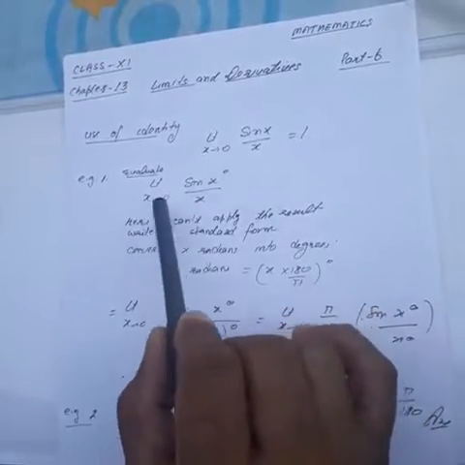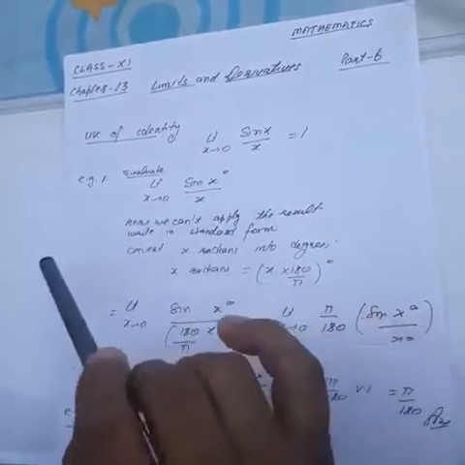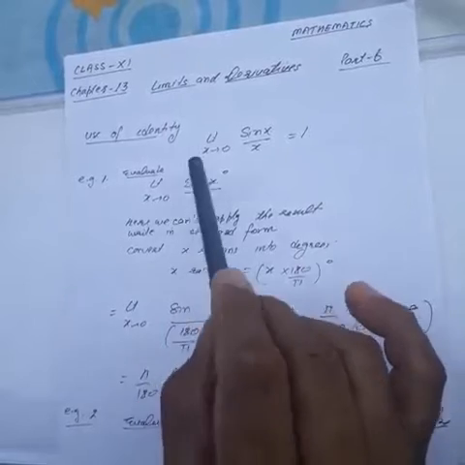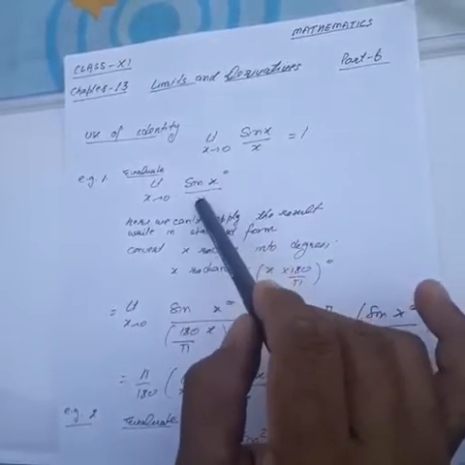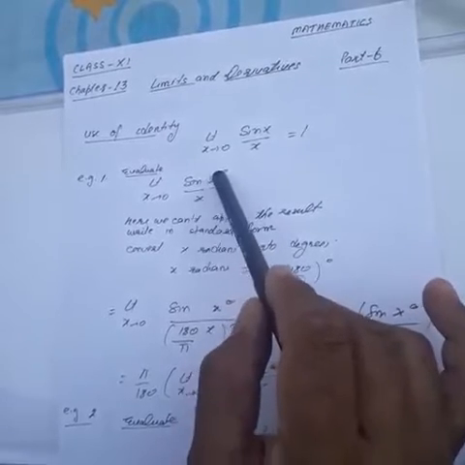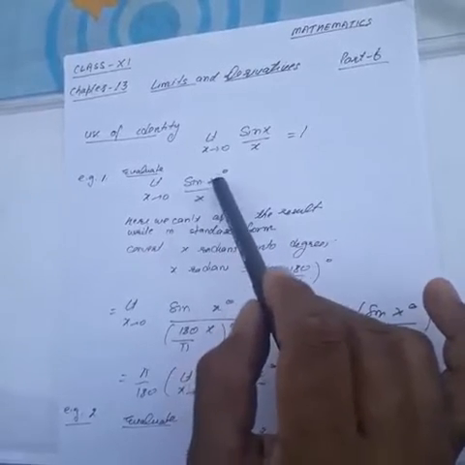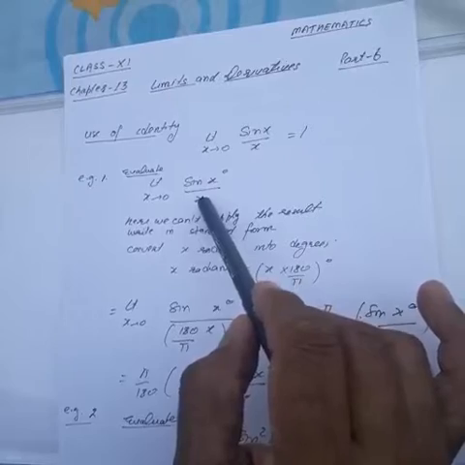Now because at 0 it is 0 upon 0 form, but directly we cannot apply this identity because this x and this x in the denominator both have different units, this x in degrees and this x in radians.